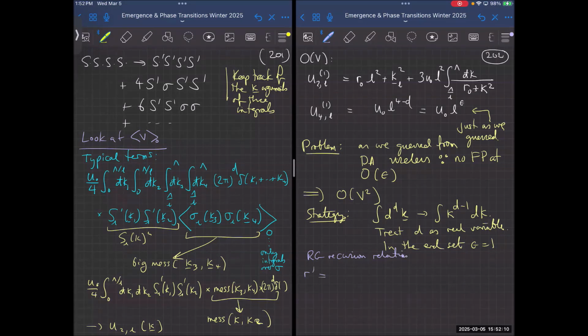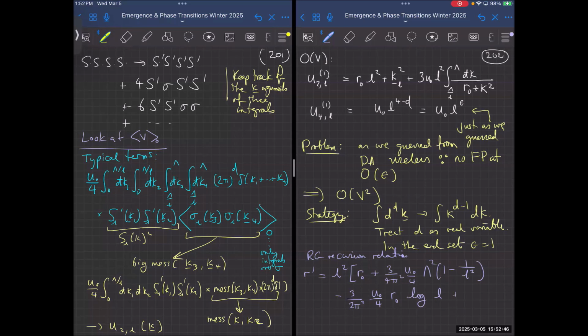So R prime looks like this: L squared times R naught plus 3 over 4 pi squared U naught over 4 lambda squared times 1 minus 1 over L squared, minus 3 over 2 pi squared U naught over 4 R naught log L, that's natural log.